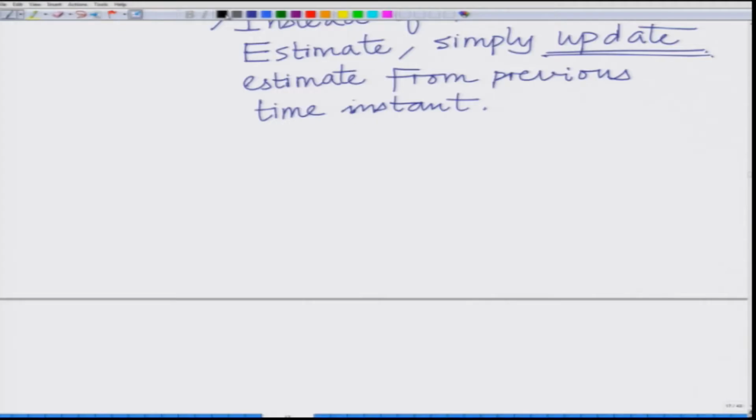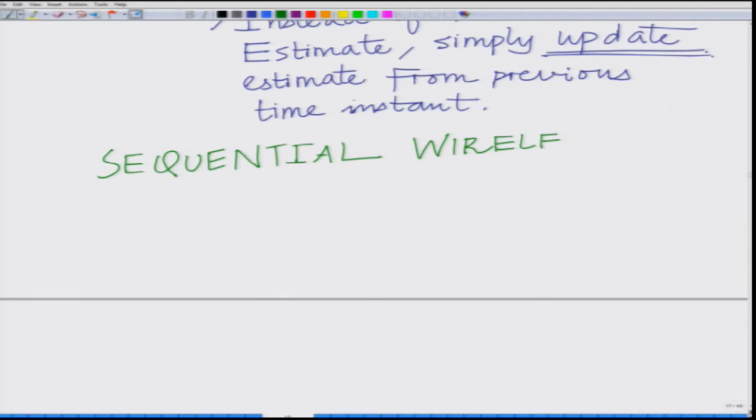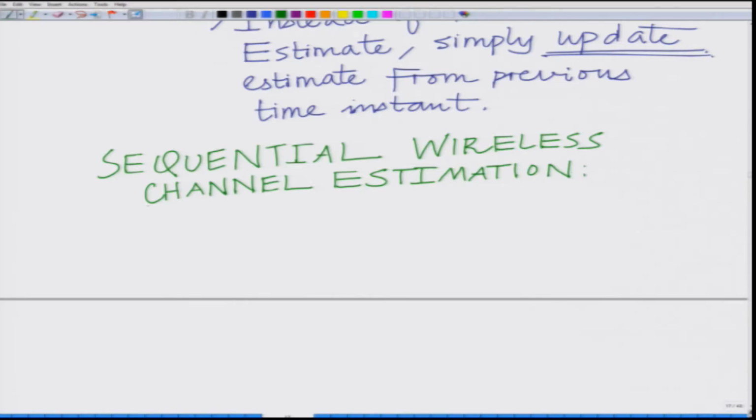So let us illustrate sequential wireless channel estimation.